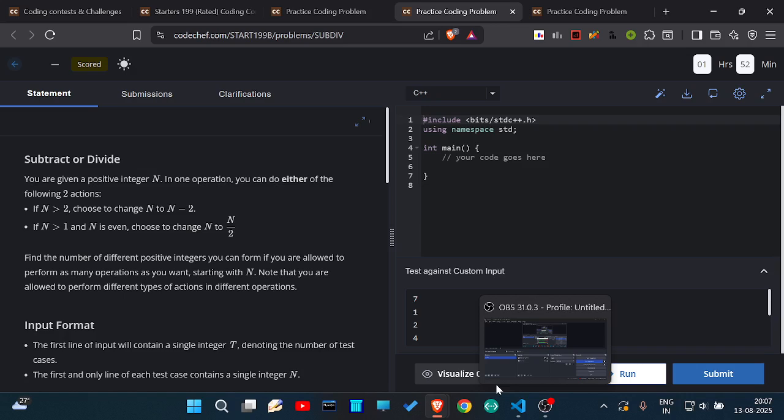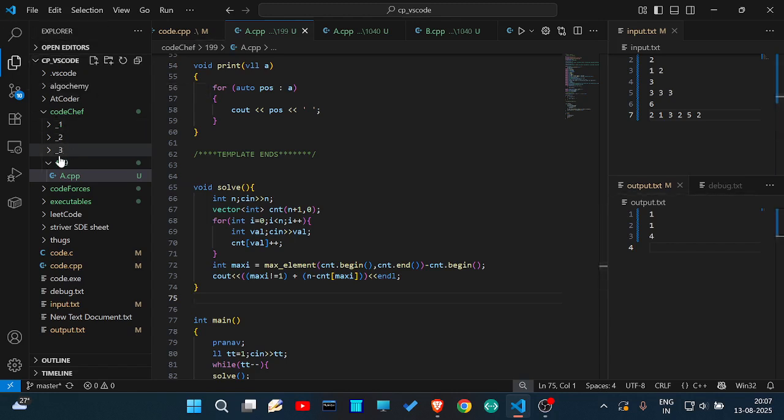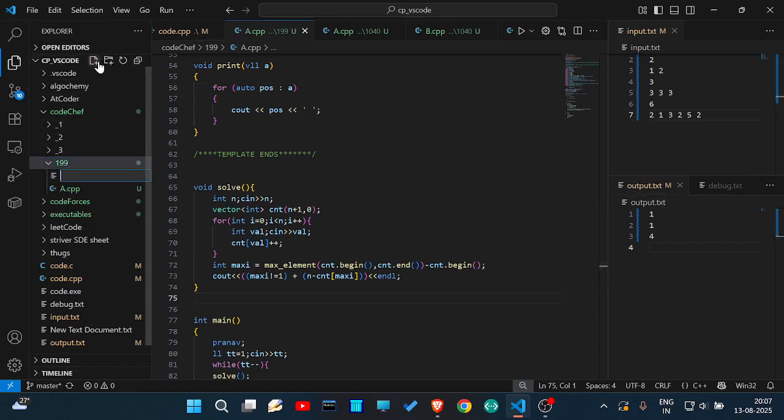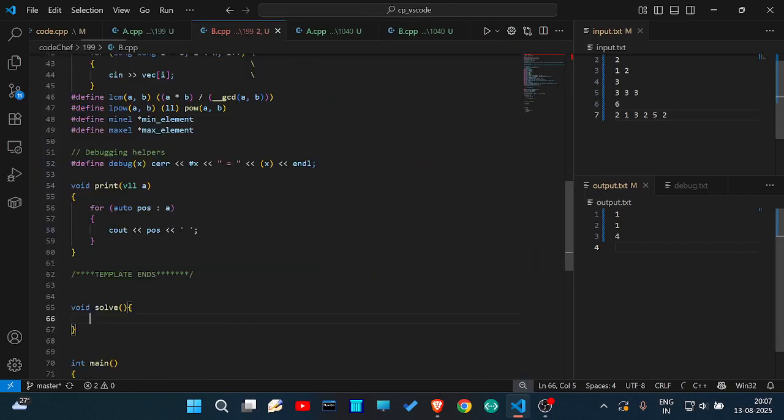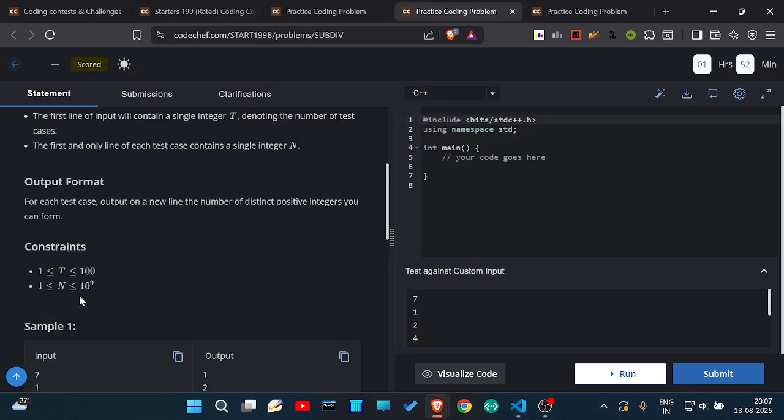Okay, so first of all you have the parity. What is the smallest number you can get with even parity, not odd parity? Okay, so I'll set up the template and check the time complexity required.